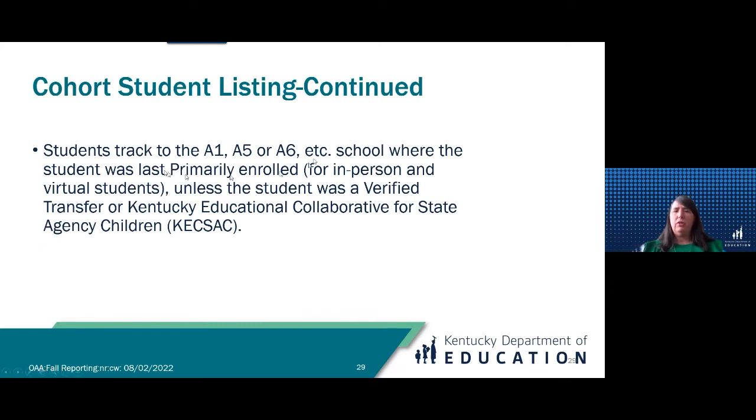People get this confused, because where they were primarily enrolled is always an important piece when it comes to accountability. We don't test our secondary enrollment students. We always test our primary enrolled students.